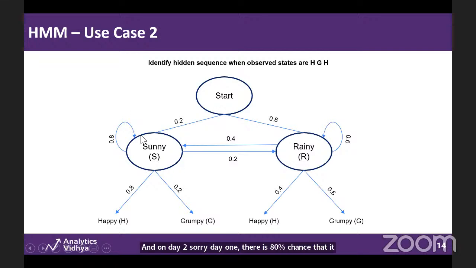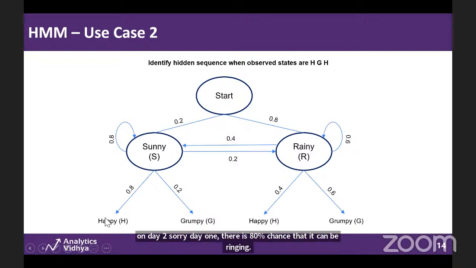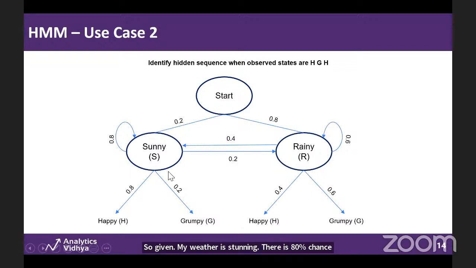Given my weather is sunny, there is an 80% chance that a person can be happy, and given the weather is sunny, there is a 20% chance that a person can be grumpy. Similarly, if you look at this node rainy, given the weather is rainy, there is a 40% chance that a person can be happy, and a 60% chance that a person can be grumpy.